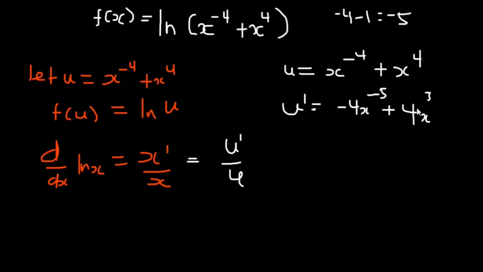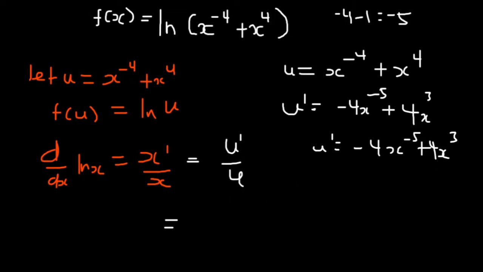So at the end, u prime is equal to minus 4x to the power minus 5 plus 4x to the power 3. I'm going to put this in place of u prime here.